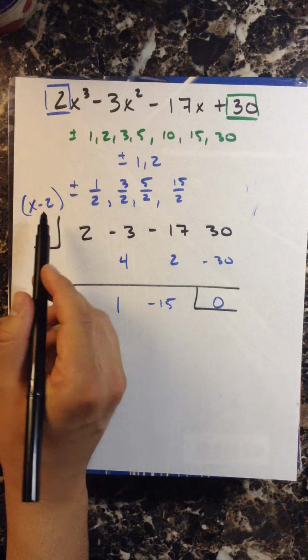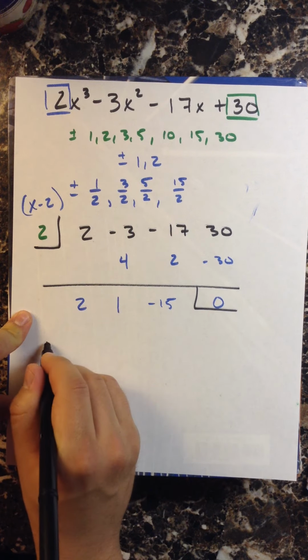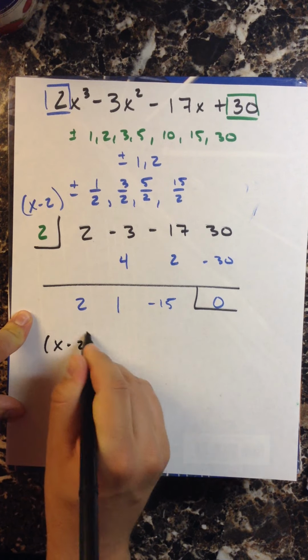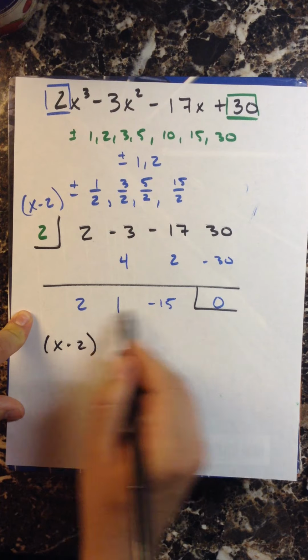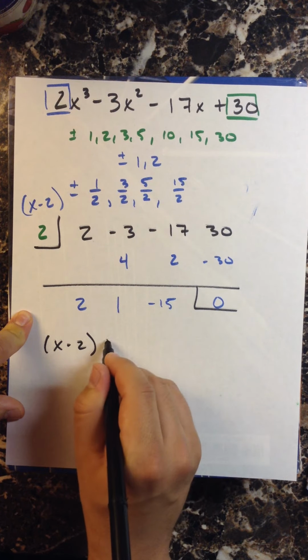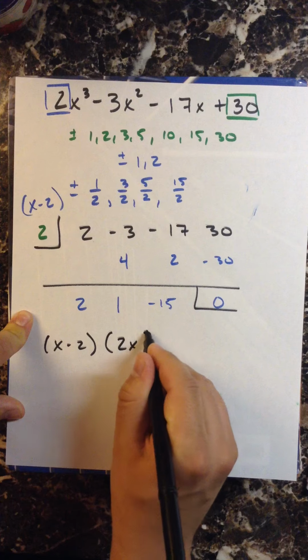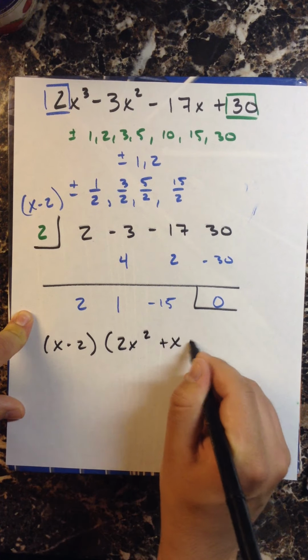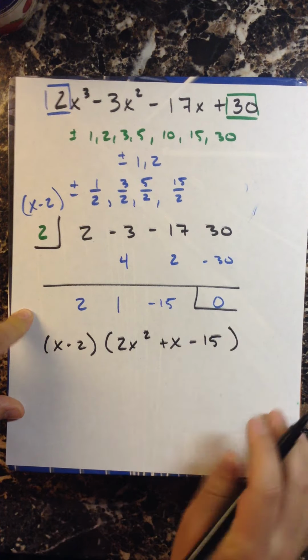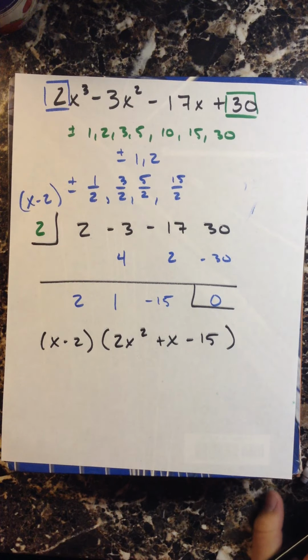So our first factor is going to be x minus 2. And then we know all of this stuff over here is going to be a quadratic factor. So that's now 2x squared plus x minus 15. And so now, just like before, you would have to factor this quadratic factor as well.